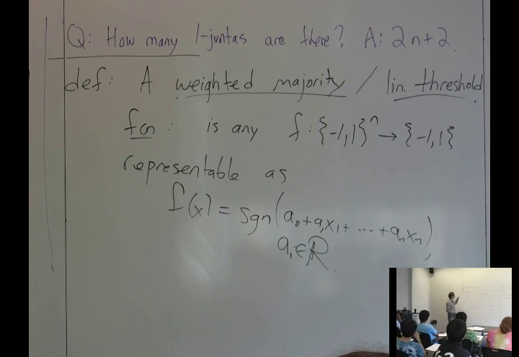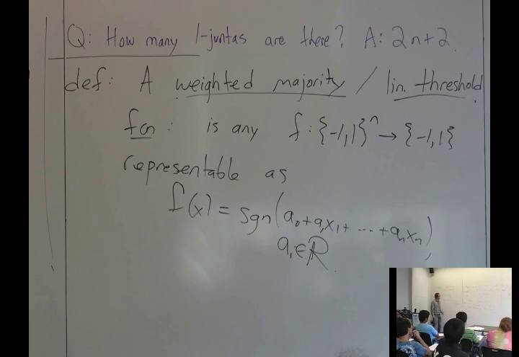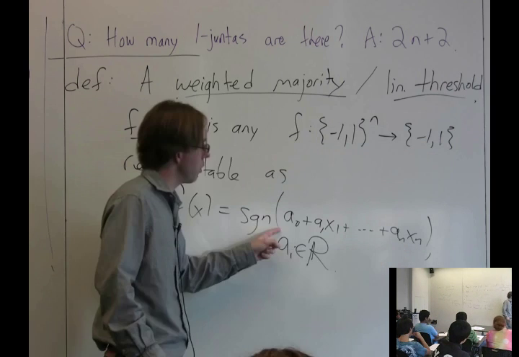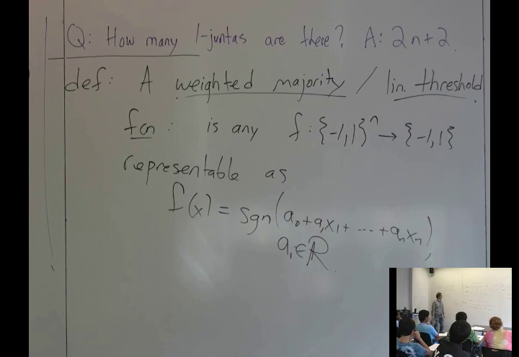Majority obviously is, and and is too, because you sum up all of the inputs and then add n or n plus or minus a half to shift the threshold, so that this quantity is negative if all of the xi's are minus 1, and positive if at least one is minus 1. And a dictator is also a weighted majority, just where all the ai are 0 except for the ith ai, which is 1, or any positive number.